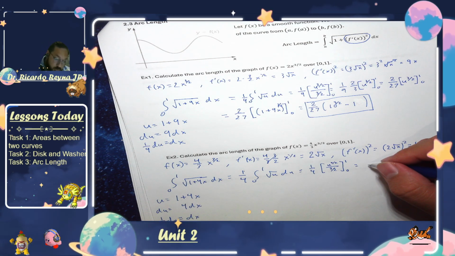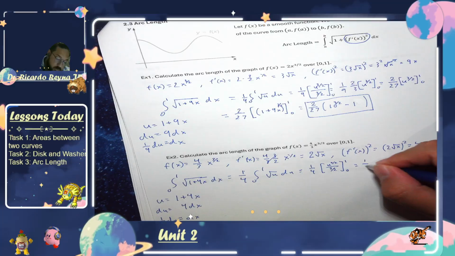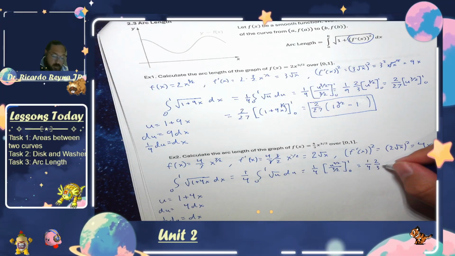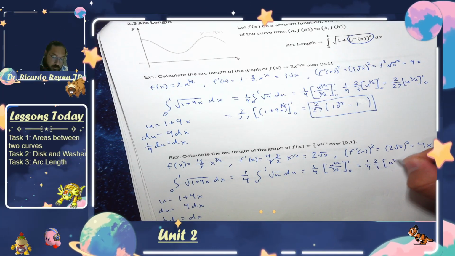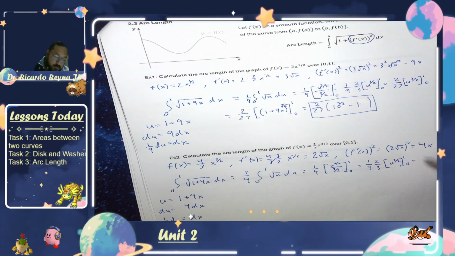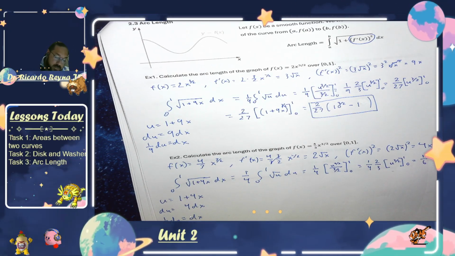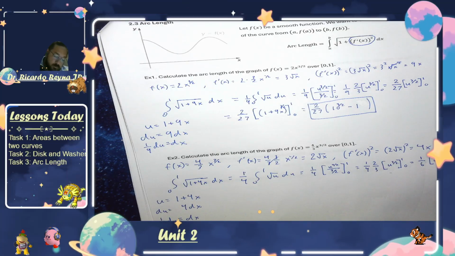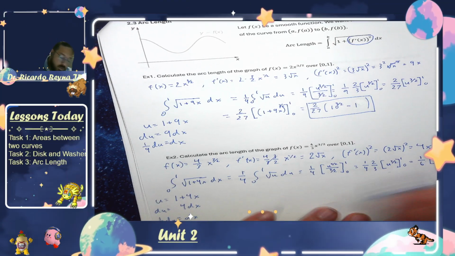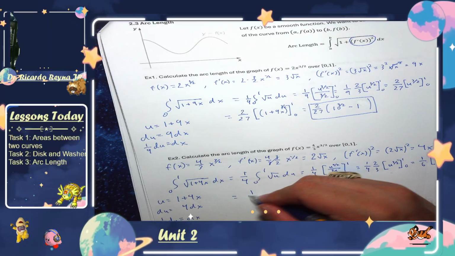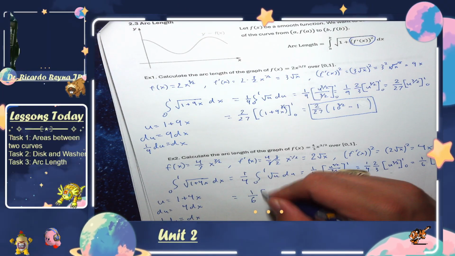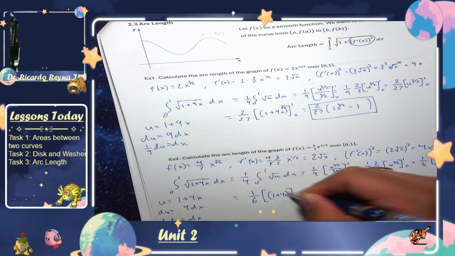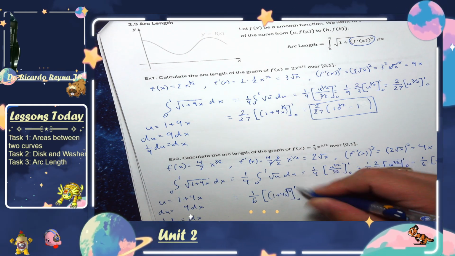Similar hijinks ensue from this point. You get 1 over 4, 2 over 3. This comes out to simplify as 1 over 6. And then you plug in back what you got for u, 1 plus 4x, 3 over 2 from 1 to 0.